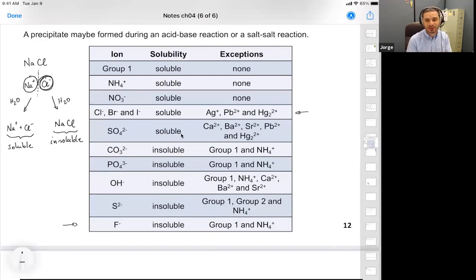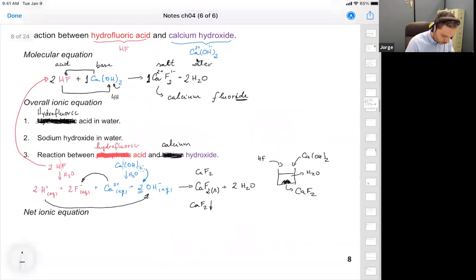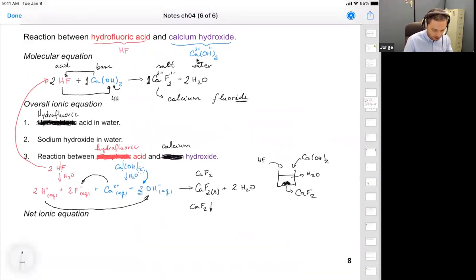For CaF2, the only thing that relates to the table is the negative part, and that's what you are going to use. Okay, so just give me an extra minute here because I want to write the net ionic equation and then we can finish up.